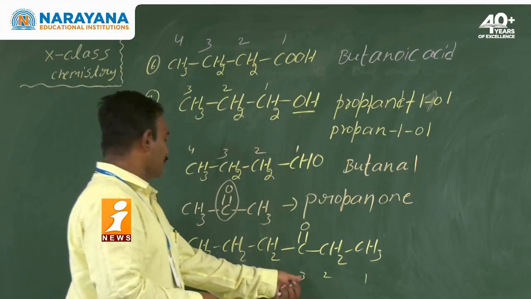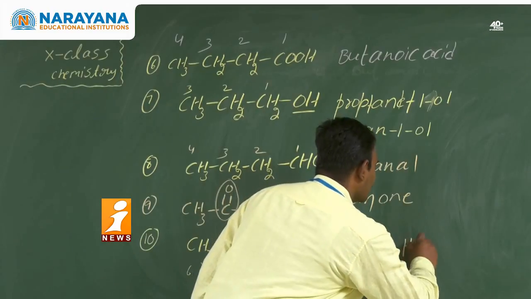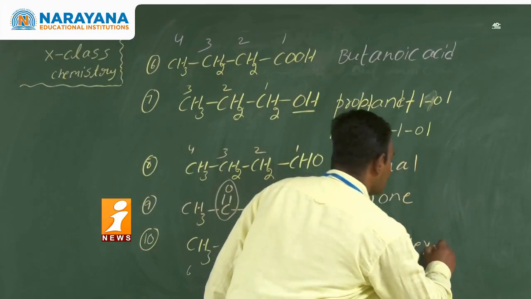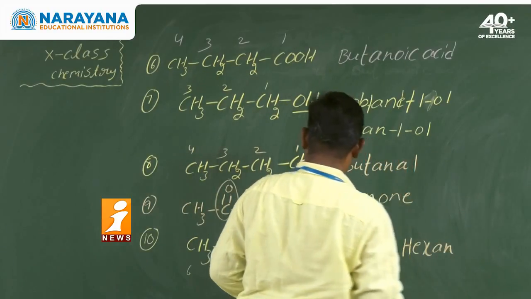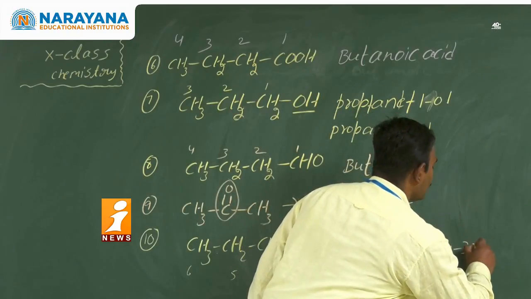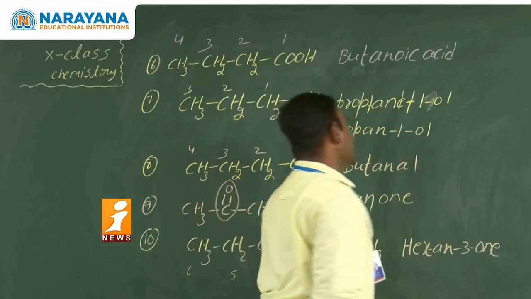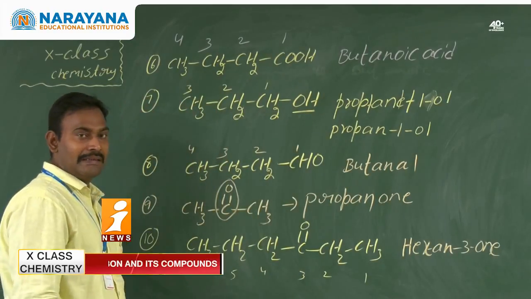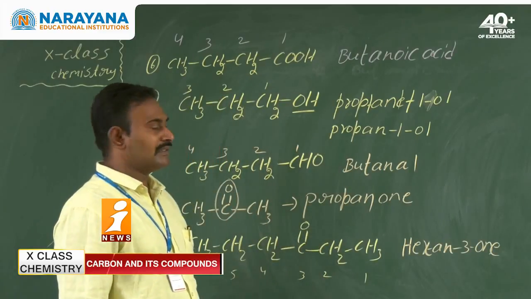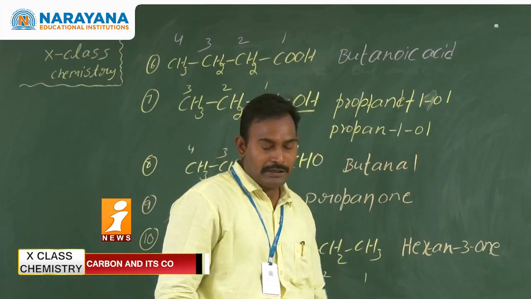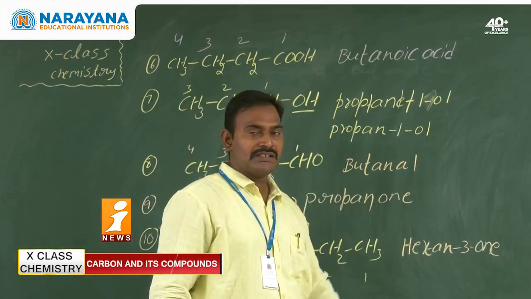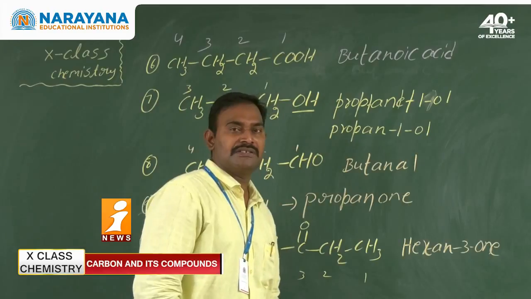Total how many carbons? Six carbons: hex, all single bonds between the carbons, so hexane. Now the position of the keto group: hexan-3-one, otherwise 3-hexanone. The hex indicates the root word, an indicates the primary suffix, 3 indicates the number suffix, the position of the functional group, and one indicates the secondary suffix.